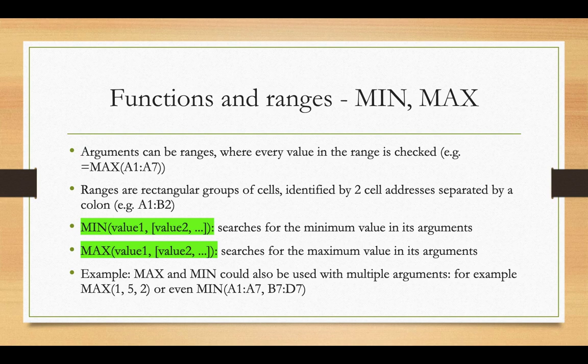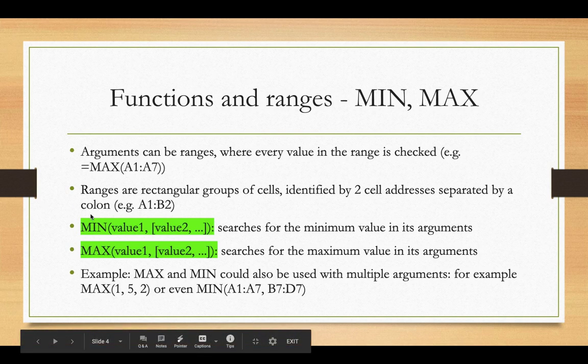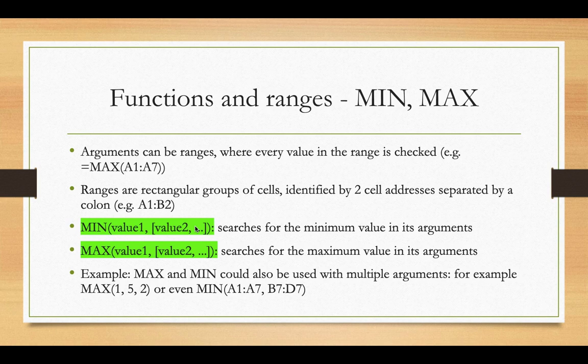The next functions are the minimum and maximum of ranges. In order to find the range of data, whether you need to find the minimum or the maximum, you need to use these two functions. A range is typically a group of cells separated by a colon. To find the minimum, you can use value 1, value 2, and as many values as you want in this argument.